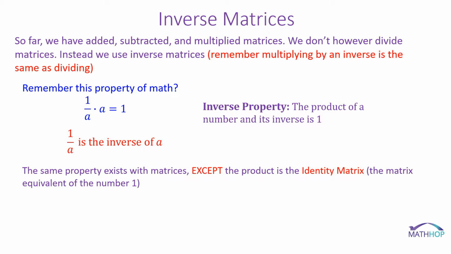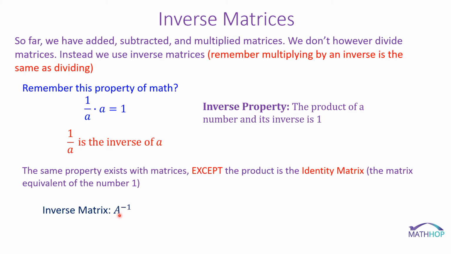So if you multiply a matrix and its inverse, you will get the identity matrix because the identity matrix is the equivalent of 1. Let's look at what this looks like symbolically. We take the inverse matrix. Remember, the universal symbolism for an inverse is this -1 up in the exponent, even though it has nothing to do with exponents.